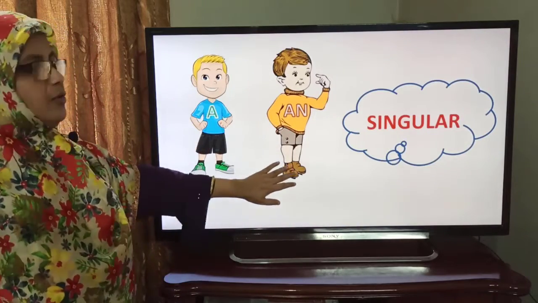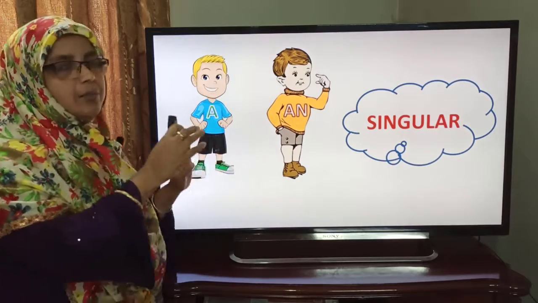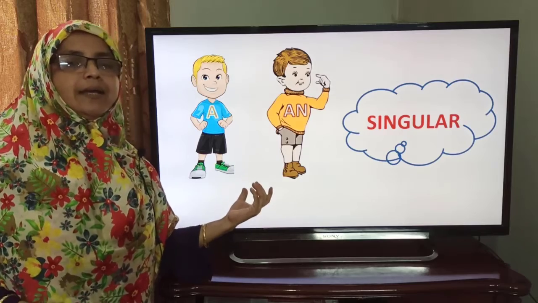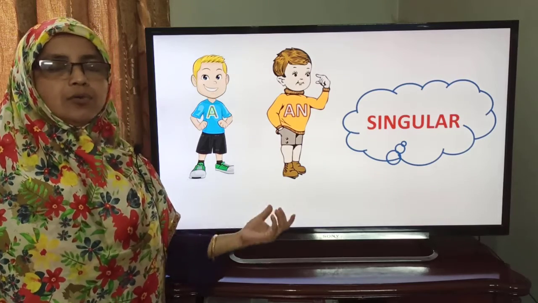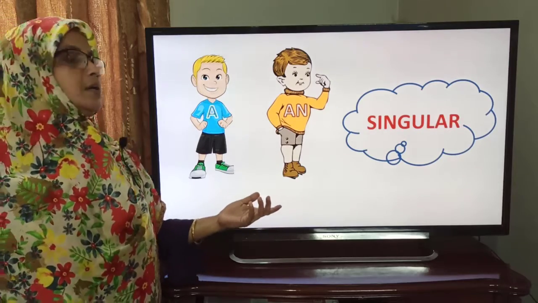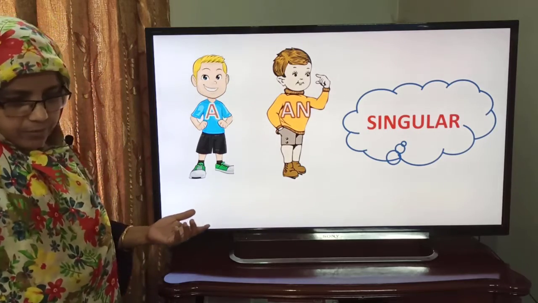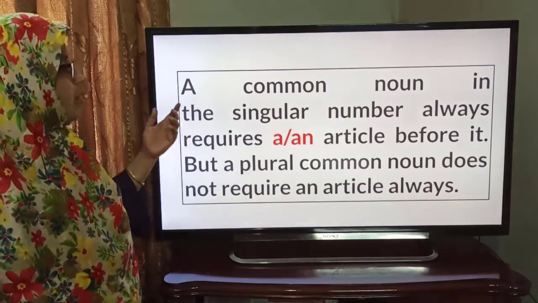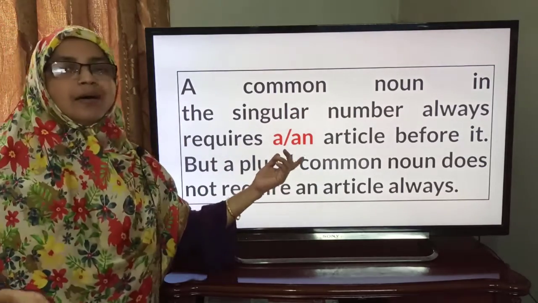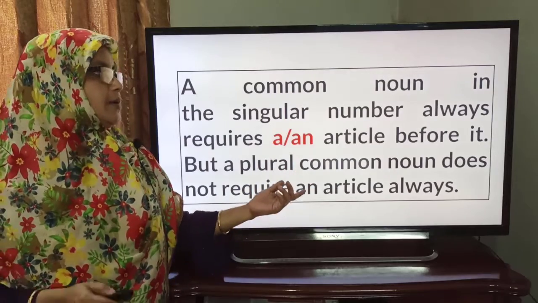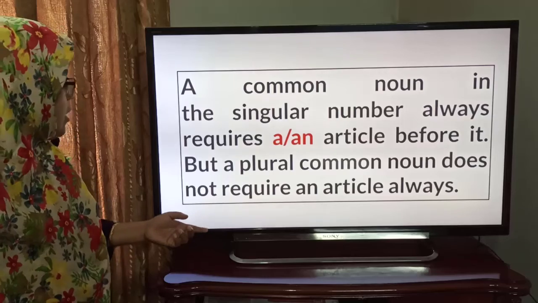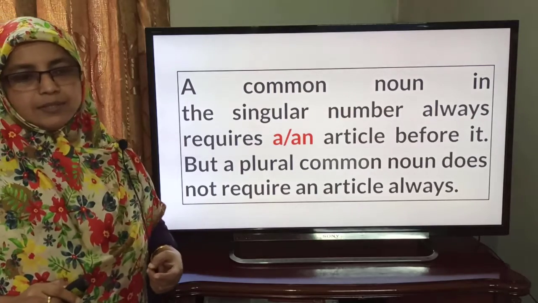If we think a and an are brothers, for singular we have to use a or an before a noun, suppose a person or place or thing. A common noun in the singular number always requires a or an before it, but a plural common noun doesn't always require an article.